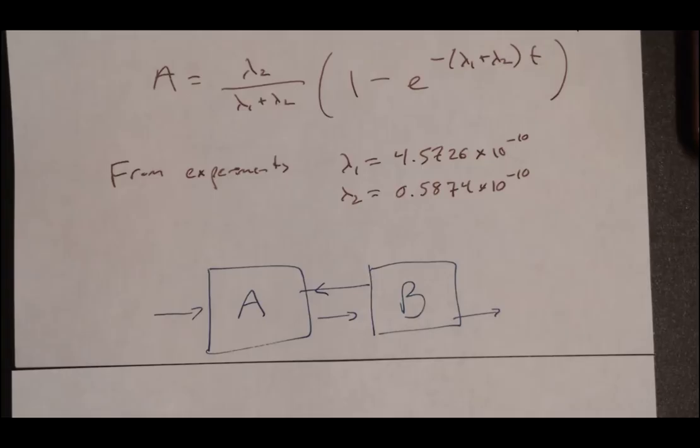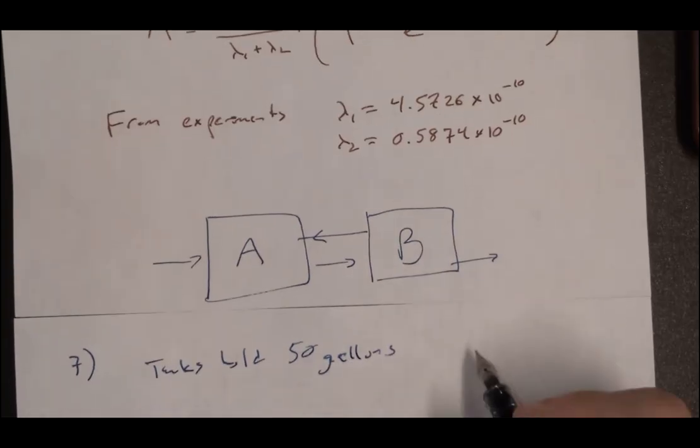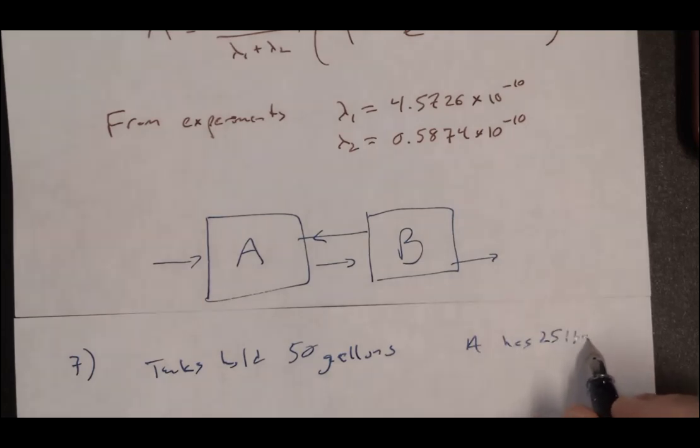Okay, let's go back to chapter 3, where we did the tank model with just one tank, right? So let's think about this. I have a tank that holds 50 gallons. Tank A has 25 pounds of salt.